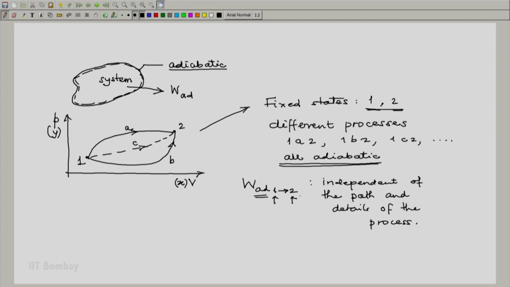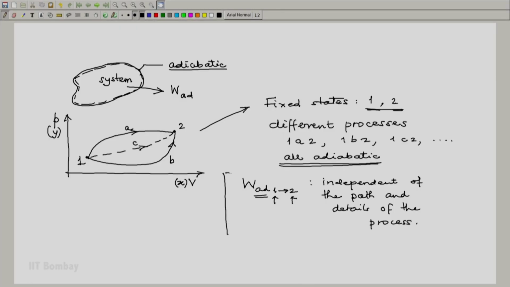This means that if our process is adiabatic and the initial and final states are fixed, then the work done does not depend on which path we took, whether 1A2, 1B2, or 1C2. It also does not depend on whether the process is quasi-static or not, or whether during the process one mode of work was used or another mode of work, or a combination of the modes.